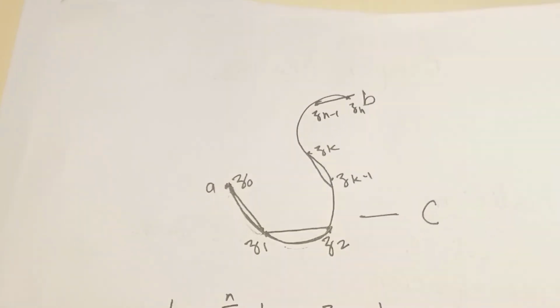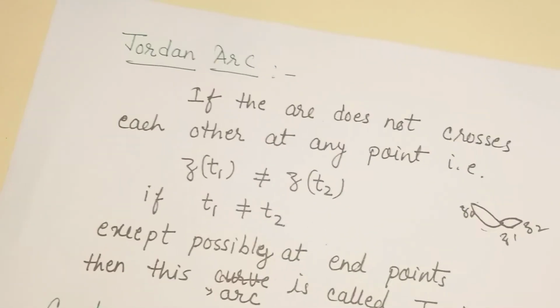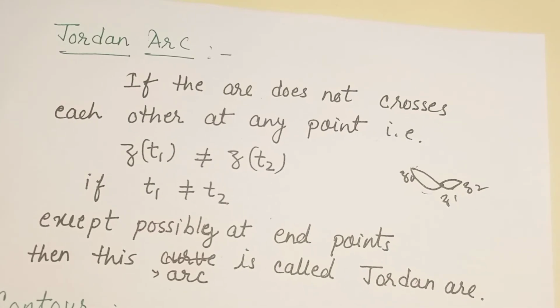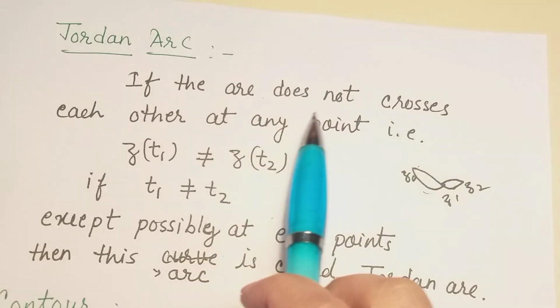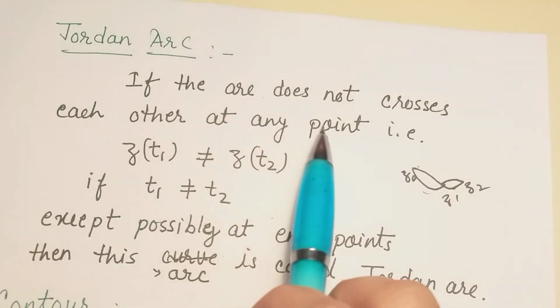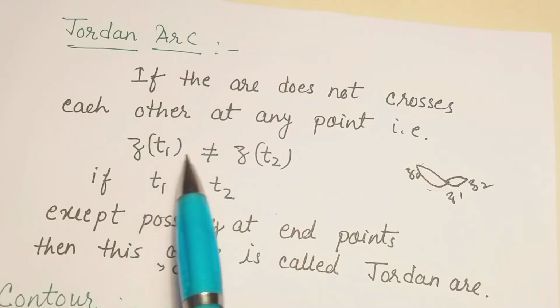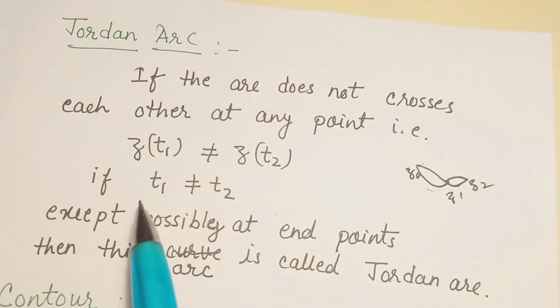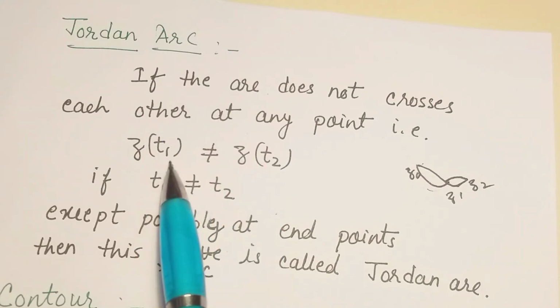Now next we see what is a Jordan arc. Okay, if the arc does not cross itself at any point, that is, z(t1) is not equal to z(t2) if t1 is not equal to t2, means if we are taking two different values of t here, then we will get two different values of z here.